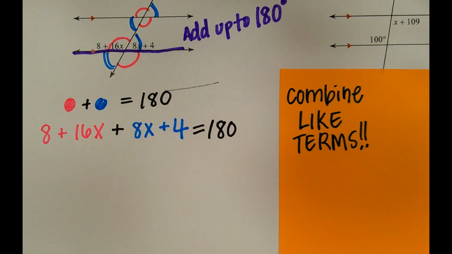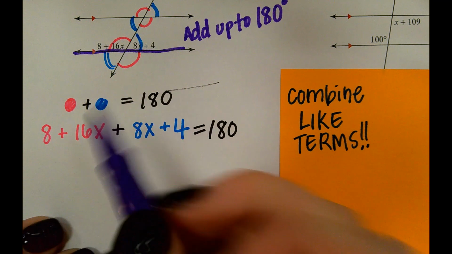So, do we see any like terms that can be put together or combined? 16x and 8x, that should make 24x. And then 8 plus 4 is 12. Good. Yes. So let me get some colors and we'll do that.